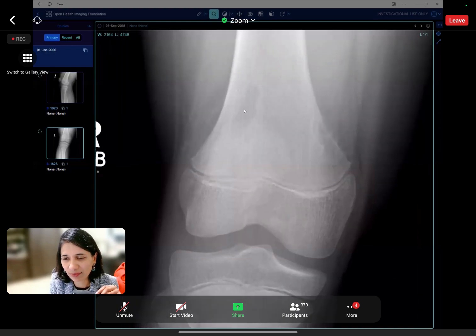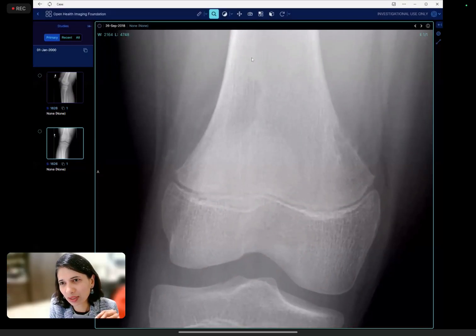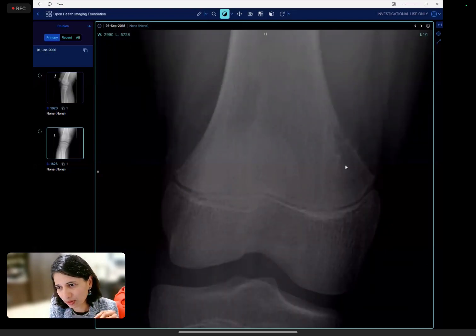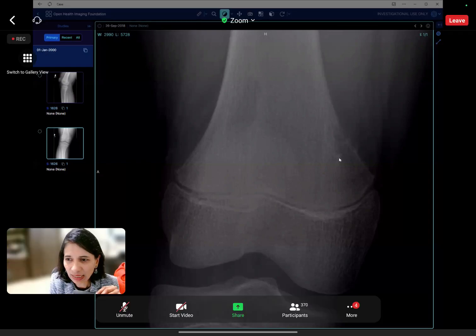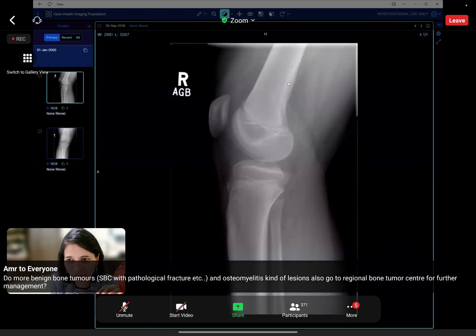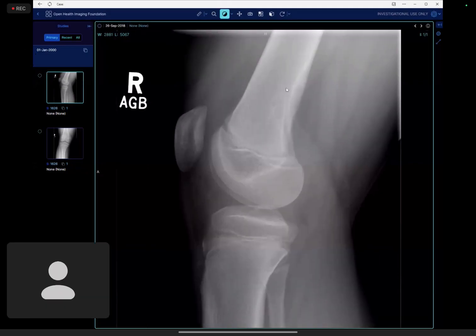In the exam, you will have a little bit more control as well, but you can then make sure that you are seeing whether there's another lesion. So you can see that here and here. Now, the main thing is, is this medullary based or cortical based? Because your differential will change if it's a cortically based lesion. Yes, they are both cortically based.